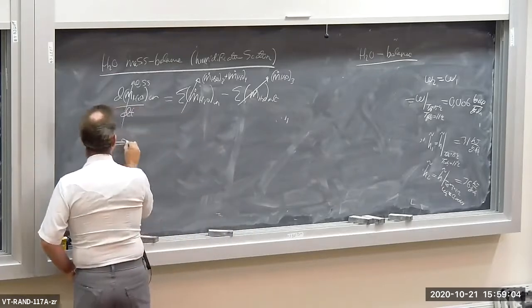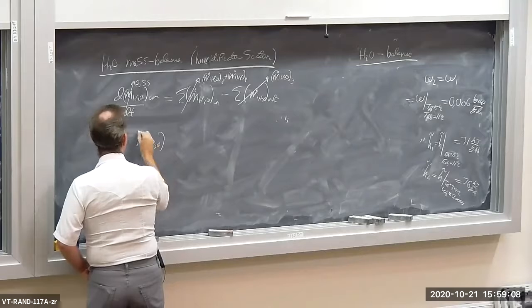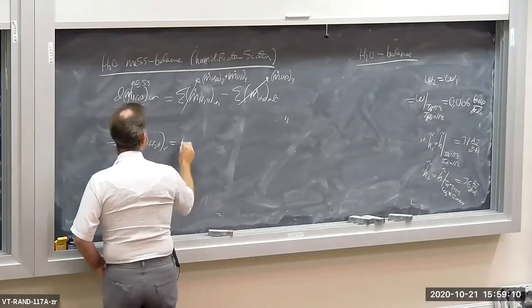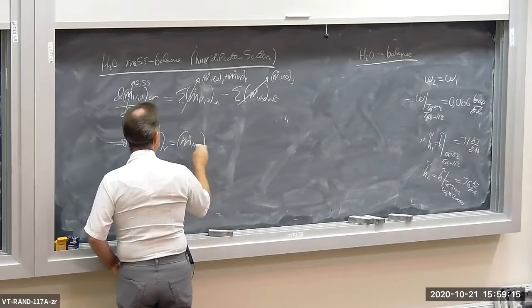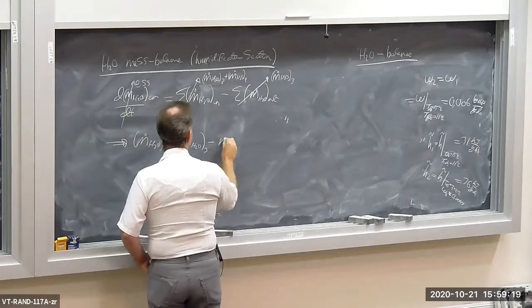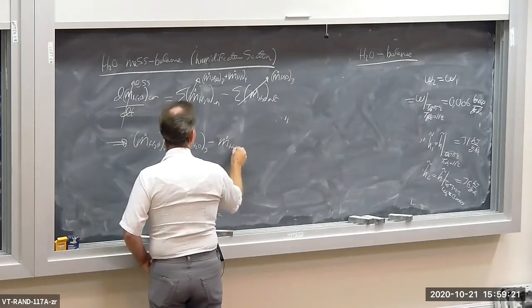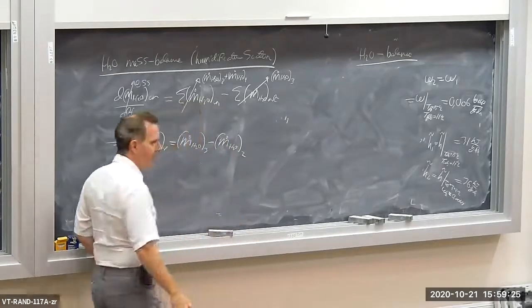So I solve this and I get m dot H2O4 is equal to m dot H2O at the outlet, which is location 3, minus m dot H2O at the inlet, which is location 2. Okay?